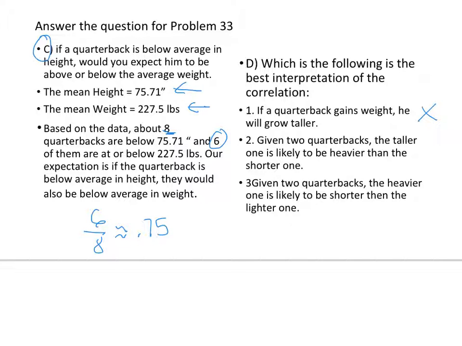Well, that appears to be okay. And finally, the last one, given 2 quarterbacks, the heavier one is likely to be shorter than the lighter one. No, that didn't make any sense either. So our answer is number 2. That's our interpretation of correlation in this particular case.